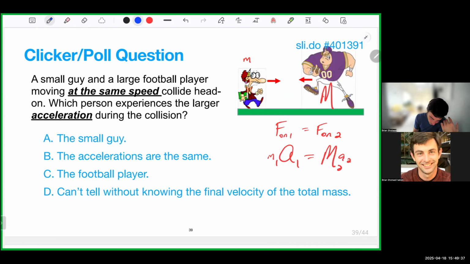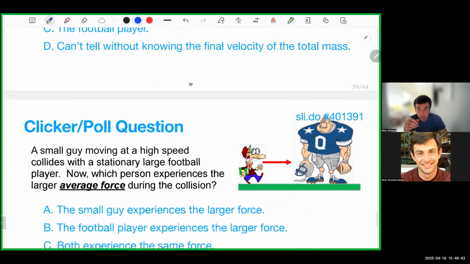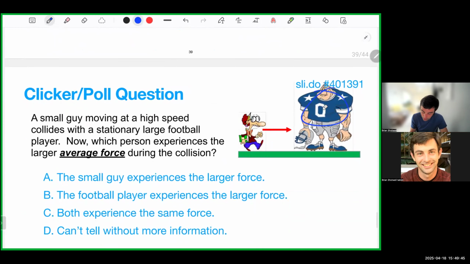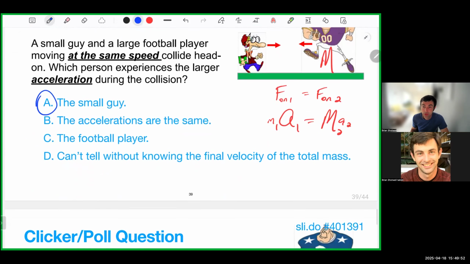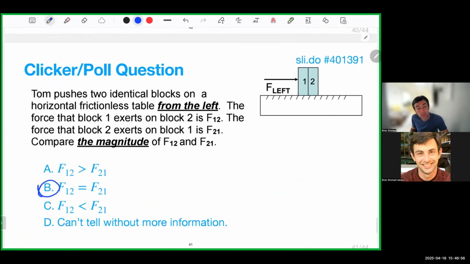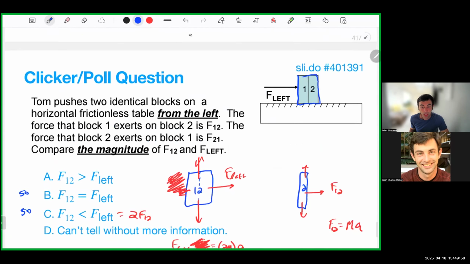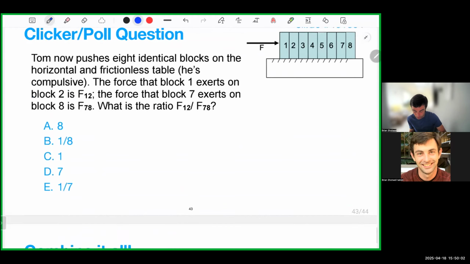So the small guy experiences this bigger acceleration. Okay, and this is true even if this person's at rest and this person comes in and collides. There was nothing dependent on these people moving equal and opposite directions, for example. Okay, so I think there's two more problems.